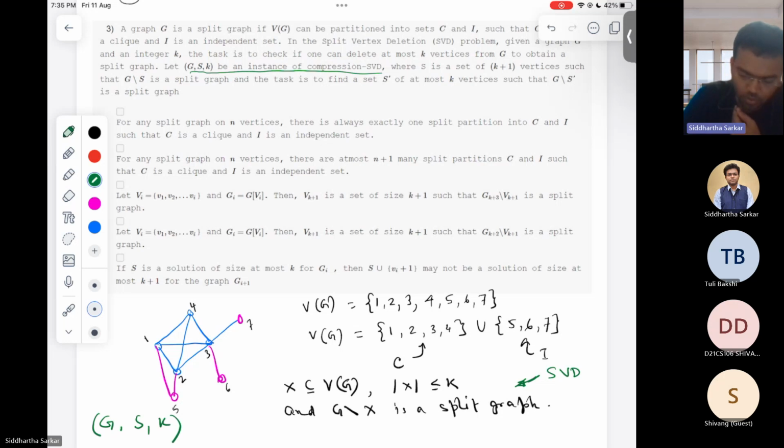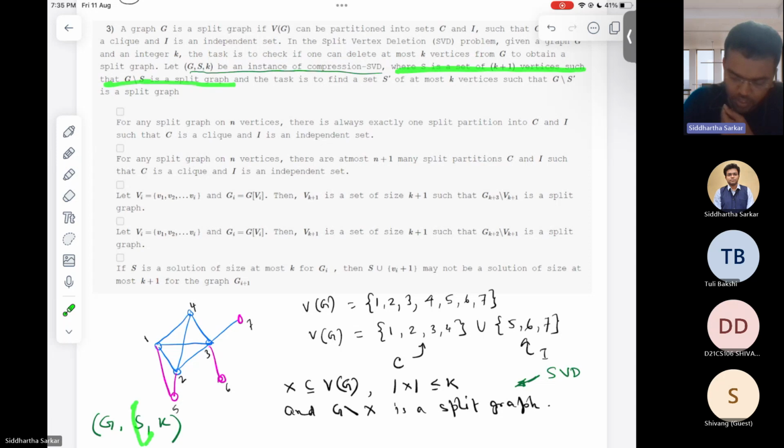So S is already given to you, which is a set of at most K plus 1 vertices such that G minus S is a split graph. So this is already given to you: if you delete these vertices in S, then the resulting graph will become a split graph.